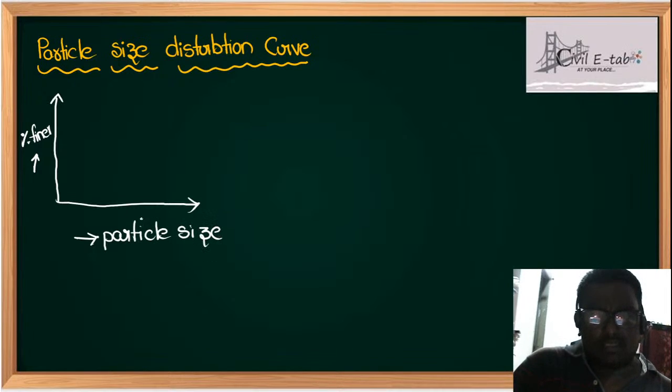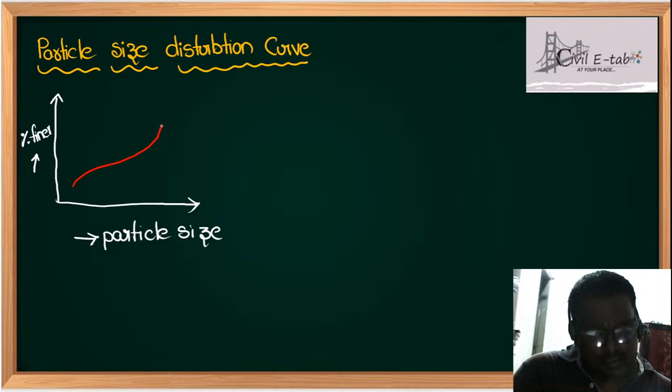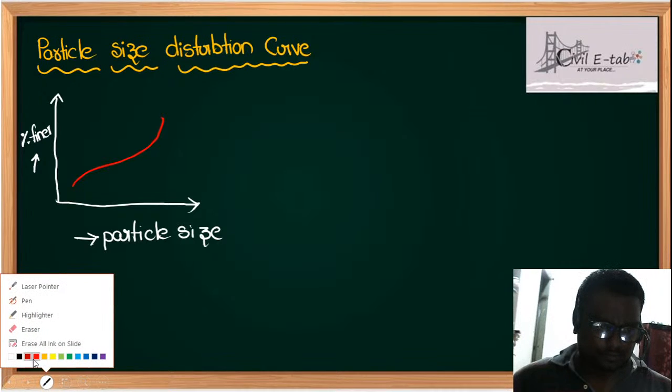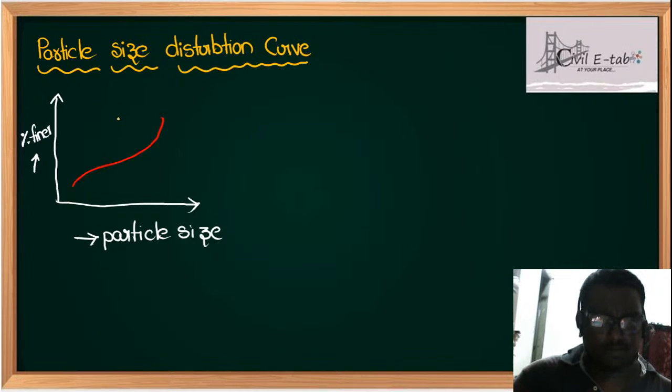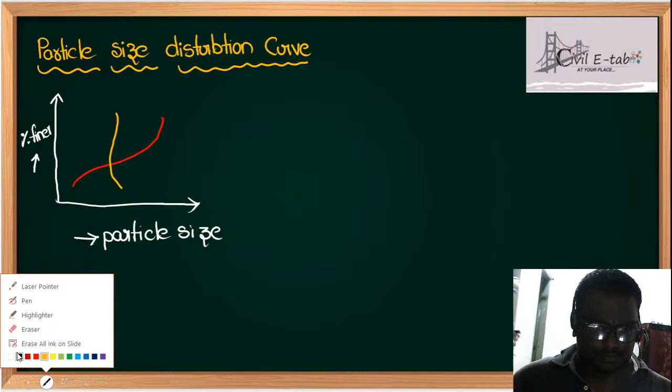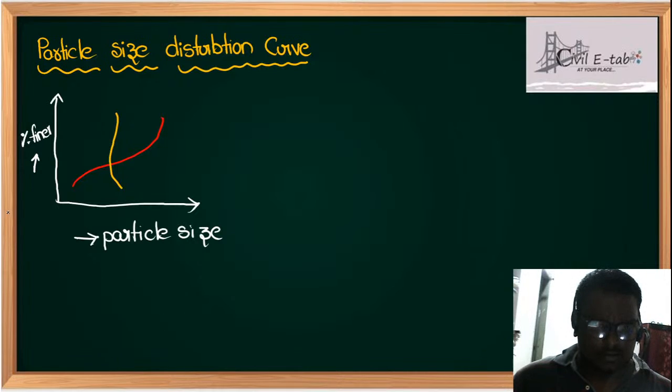One axis is particle size and another one is percentage finer. This is how you should understand this graph. This is one graph. There is another graph.